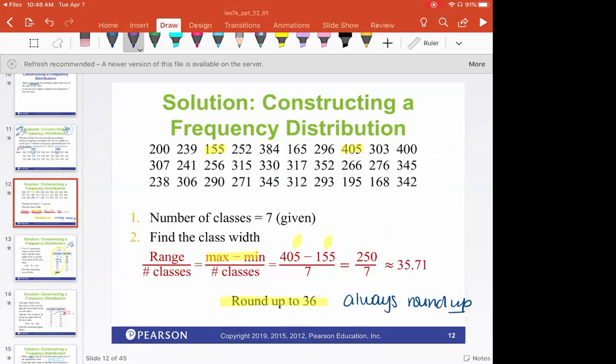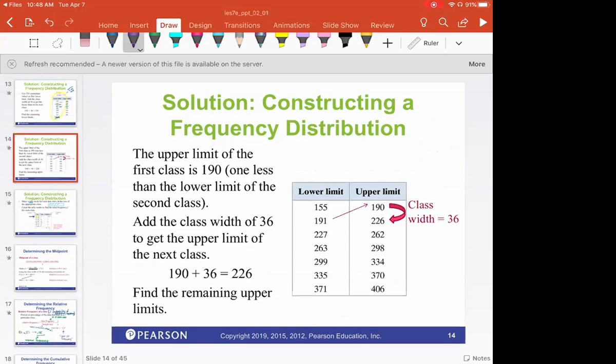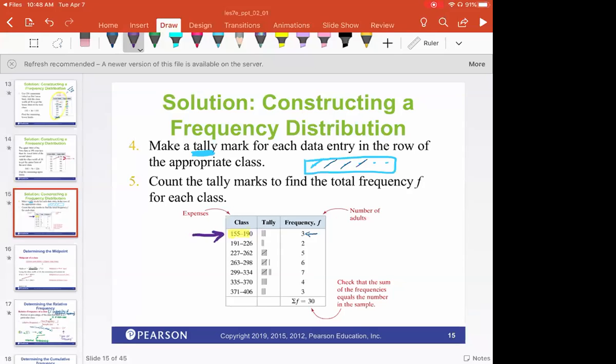Now this number of classes, 7, can vary. They can tell you how many they want, but in a general sense, you want to keep it between 5 and 20, depending on how many data entries you have. All right, and we did all this to be able to draw this beautiful chart to give a summary.